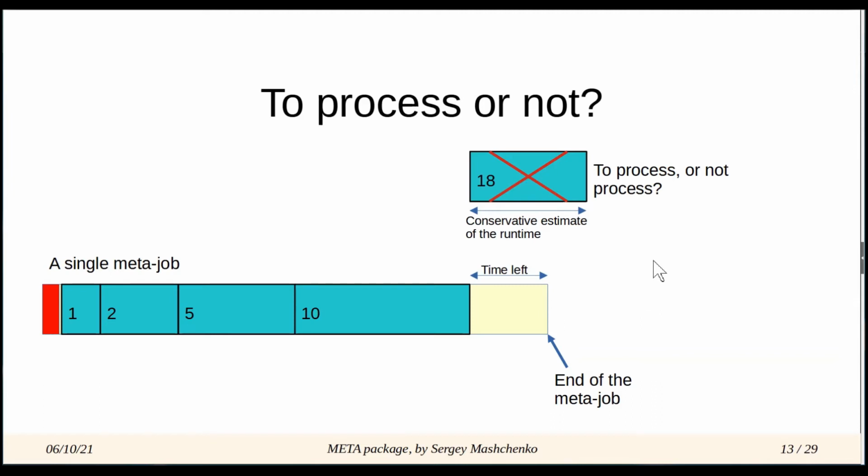Just to give you an idea how much saving you can have, let's assume you run a giant serial farm, 1,000 meta jobs, and your typical computation, the typical length of this rectangle, is 1 hour. If you don't have this probabilistic estimator feature, at the end of the meta job all of them will start dying. Let's say you have so many things to compute that all of them will start dying while processing one of my cases. That means on average I will waste half a CPU hour per meta job.